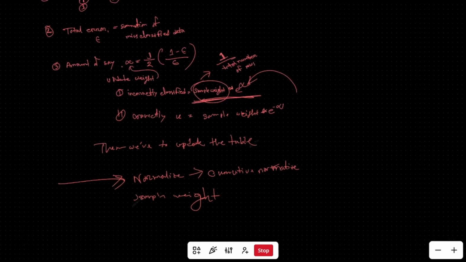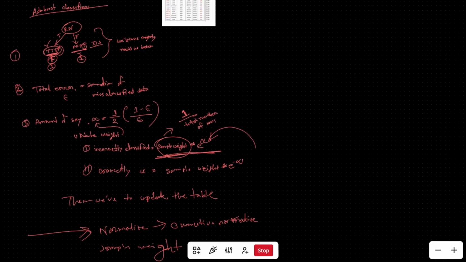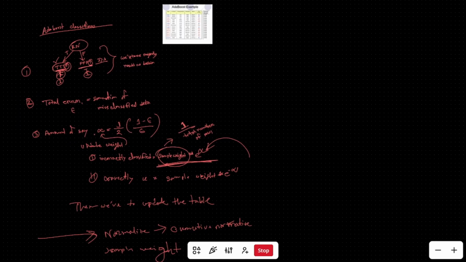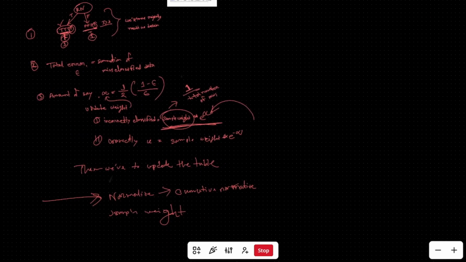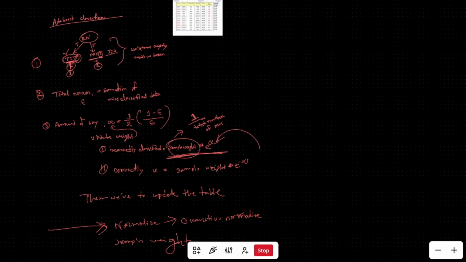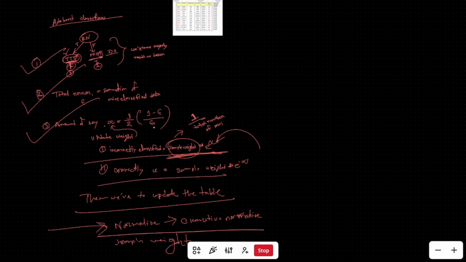So the steps are: firstly we determine the misclassified data, then we find the total error, then the amount of say, then update the weight, then update the table, and so on.